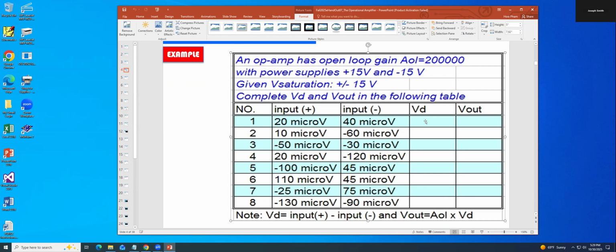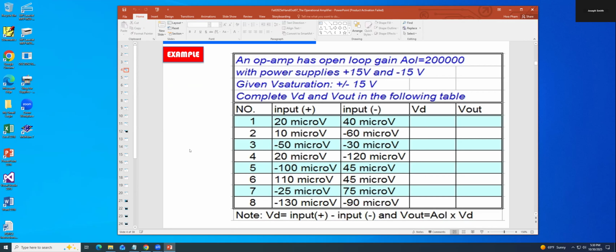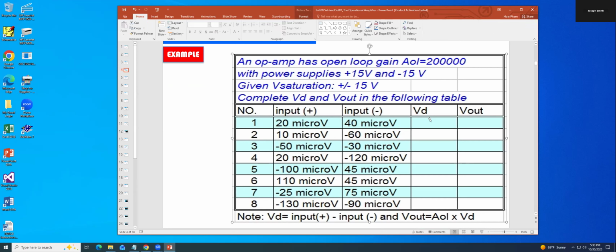So it's going to be 20 minus 40, so it's negative 20. Minus 20. And then that will be times the 200,000 for the Vout, the A_OL.